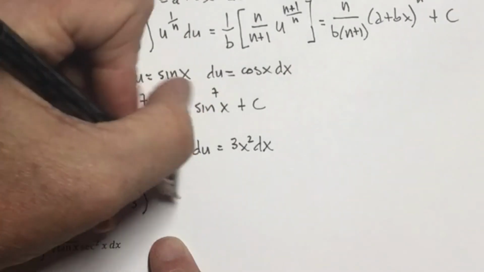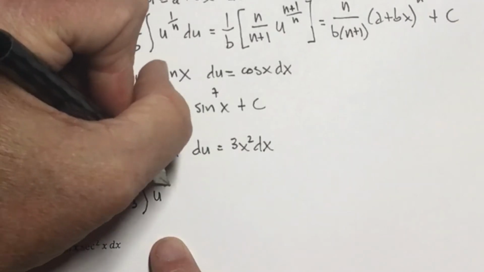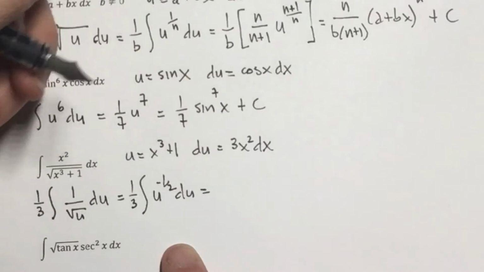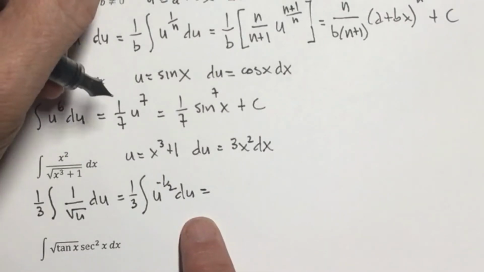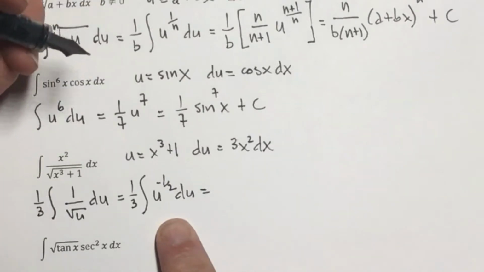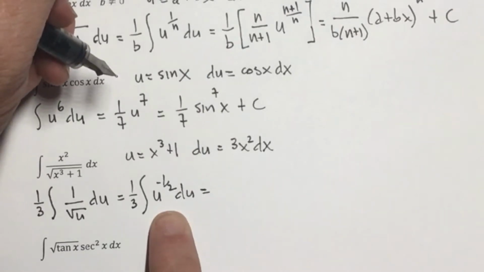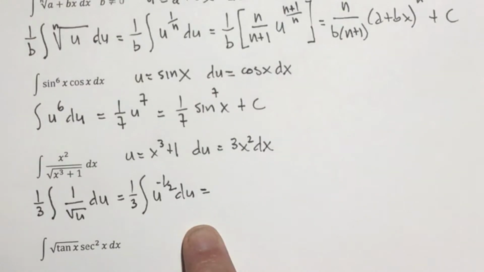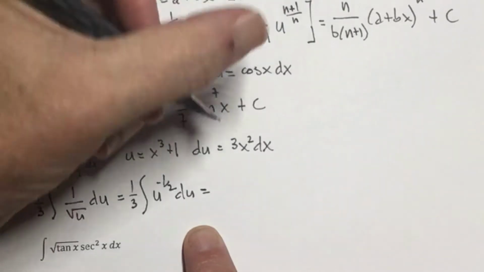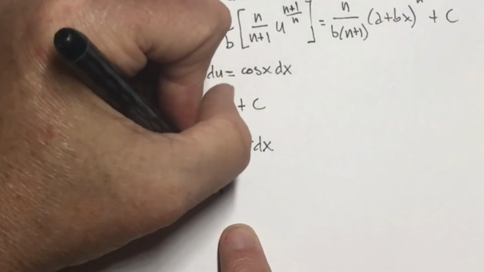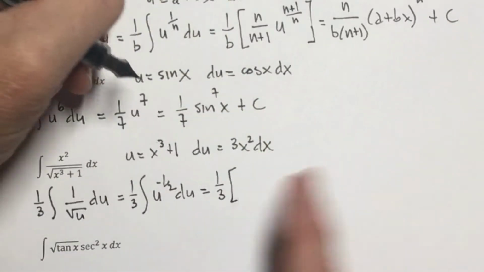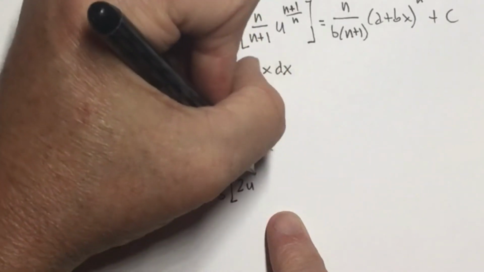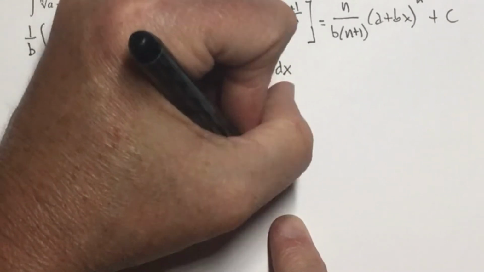1/3. Just to make this easier, I'm going to write this as u to the minus 1/2 du. Okie dokie. Well, to take the antiderivative of that, or to integrate it, I have to add 1 to that, so that becomes 1/2. So when I take the integral of that, it's going to be 1/3 times 2, because I have to counteract the 1/2, 2 u to the positive 1/2.